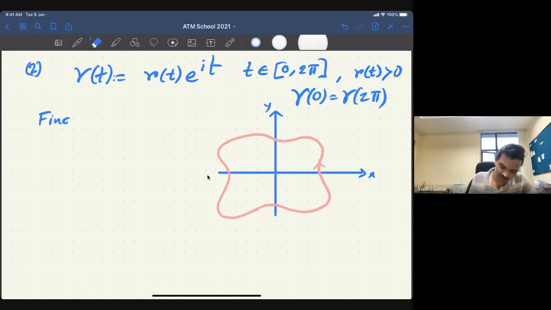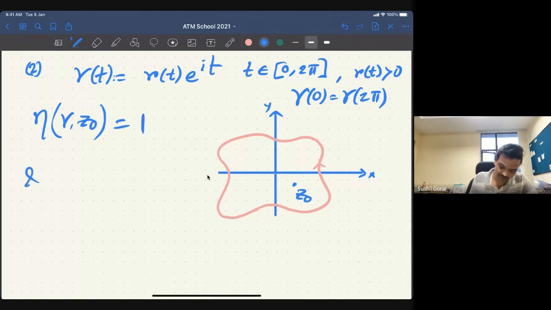From the picture it is very clear, but you can actually show that the winding number of gamma about z naught, where z naught is inside here, is 1, and for w naught lying outside, it is 0.